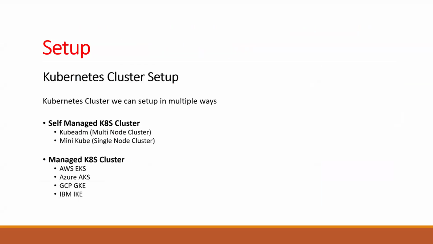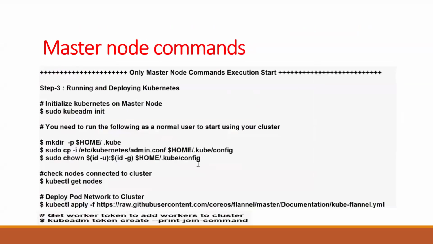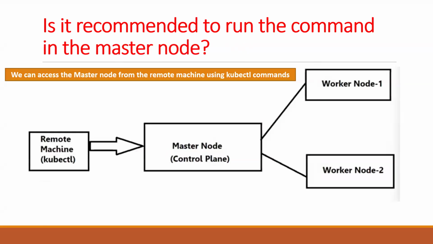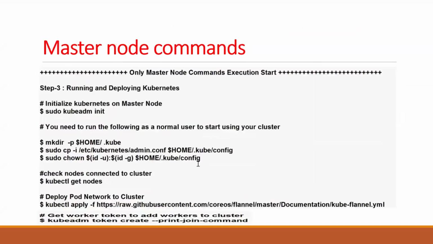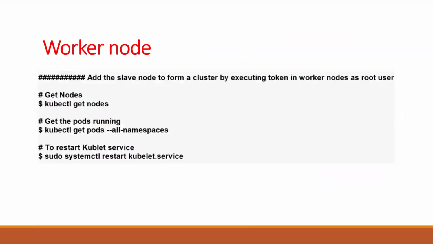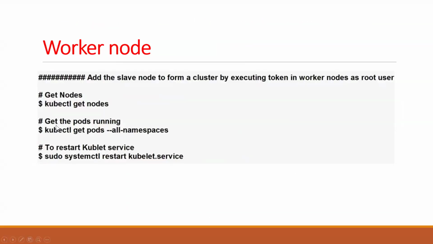So before that, in the worker node, you want to get the nodes. How many nodes can we use? kubectl get nodes. Get the pods running: kubectl get pods --all-namespaces.